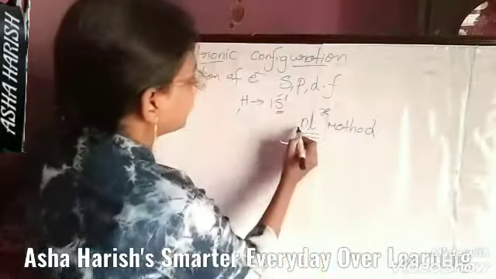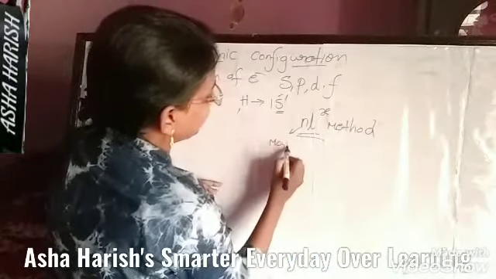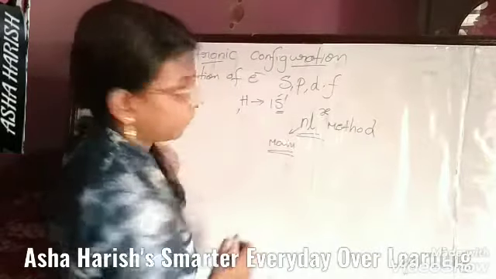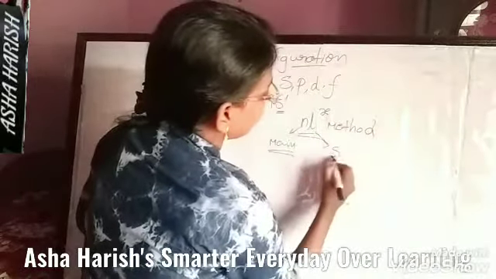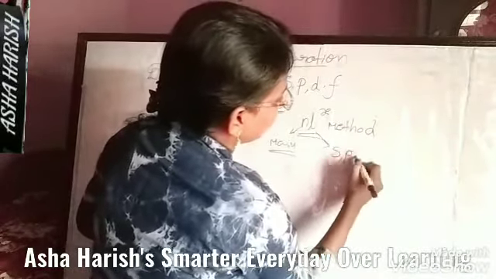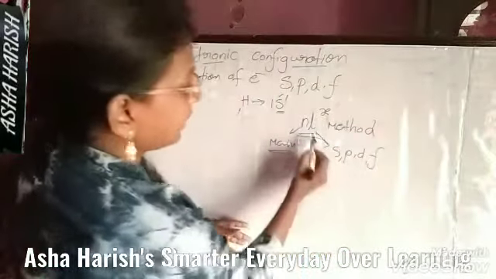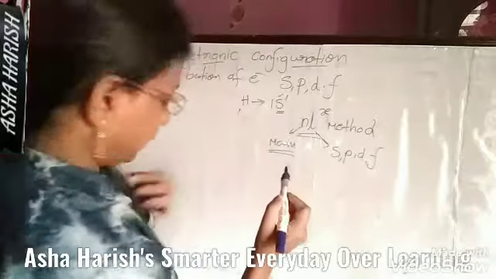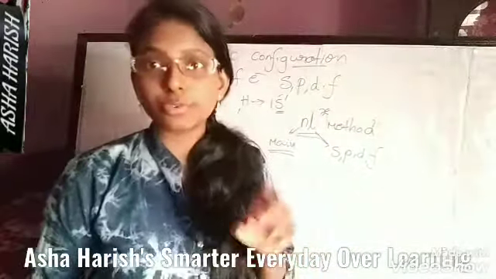Here n represents the main shell or the principal quantum number. L represents the subshell, the s, p, d, f subshells, which we represent with the letter small l. By using this nlx method, we can write the electronic configuration for the elements.